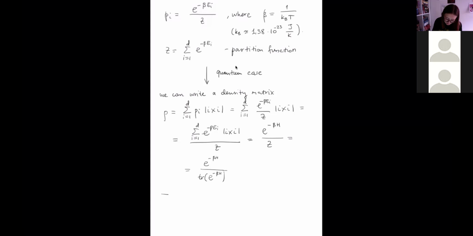This state is called the Gibbs state, or thermal state, and it describes the state of a quantum system at thermal equilibrium.